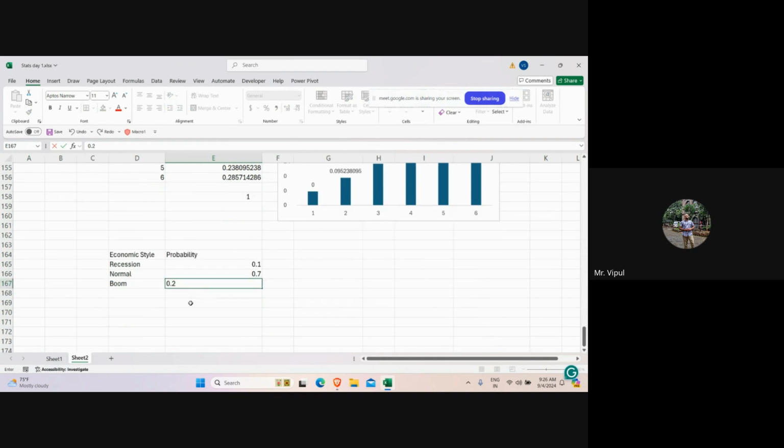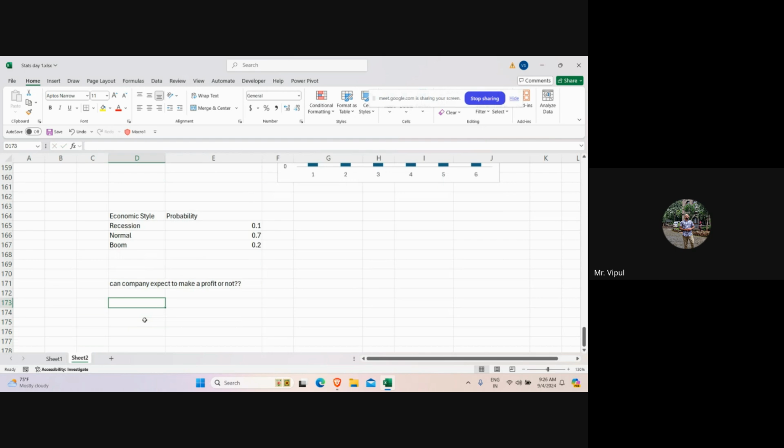Now, suppose as an analyst in the investment division, you have been asked to find the answer to this question: can the company expect to make a profit or not? Should it invest in this project or not? However, in this form, the table is of no help at all, right? Hence, let's quantify it using a random variable.